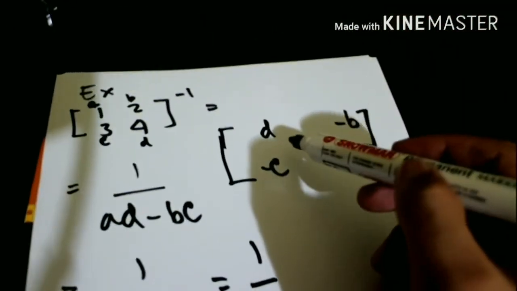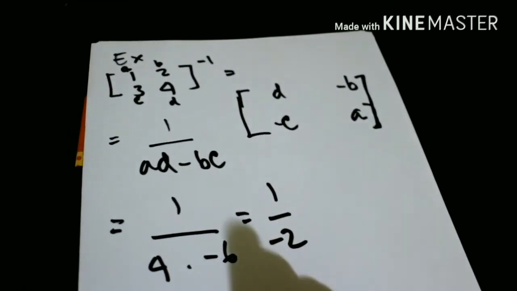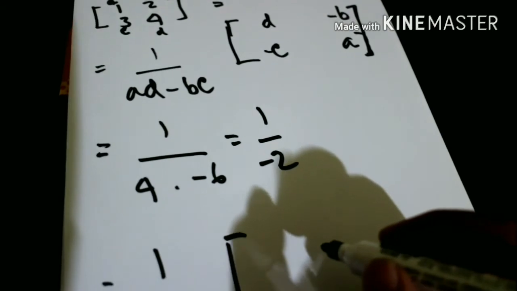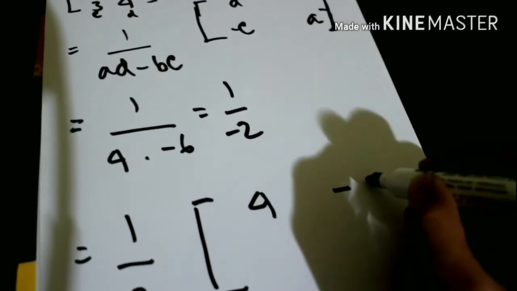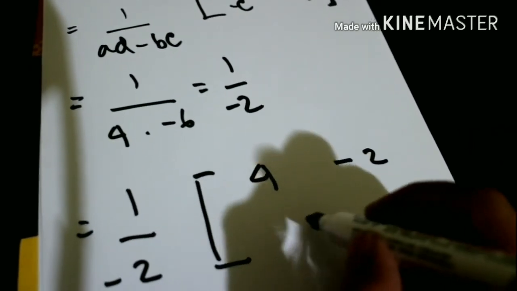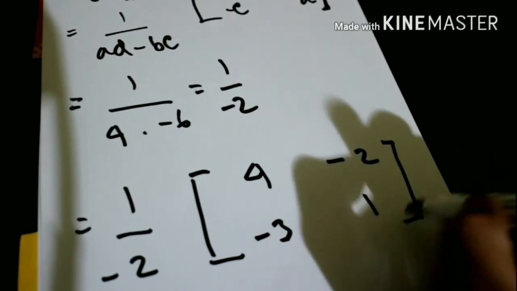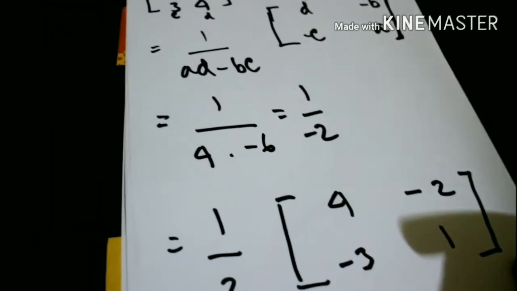We put this into the matrix, which is [4, -2; -3, 1].